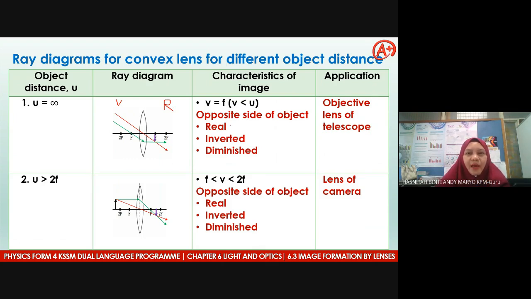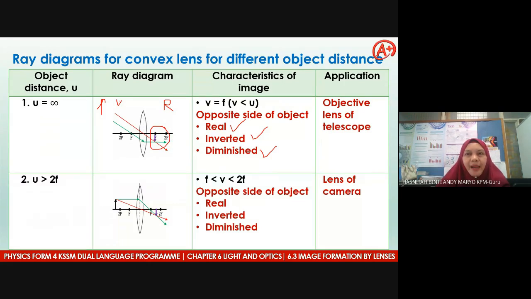So for this one, we have a real image, and it is inverted. This is our image. It is inverted because our object is up here very far away, a planet, a star, an asteroid, very big in size. The size is diminished, meaning the image is smaller compared to the object.